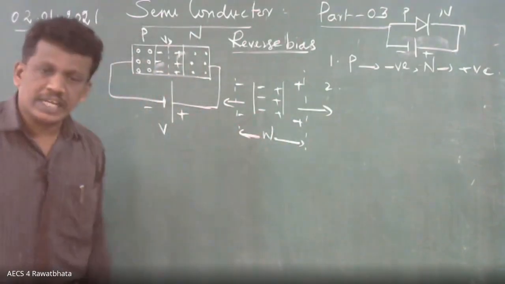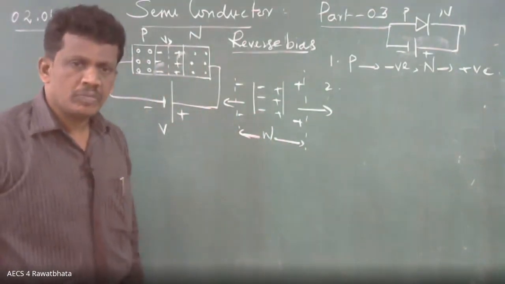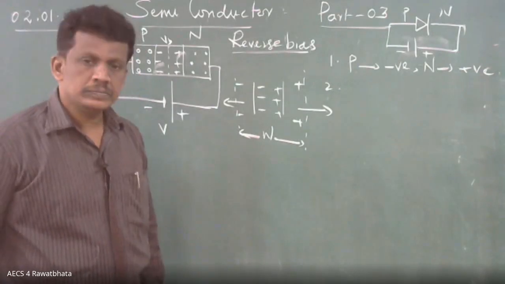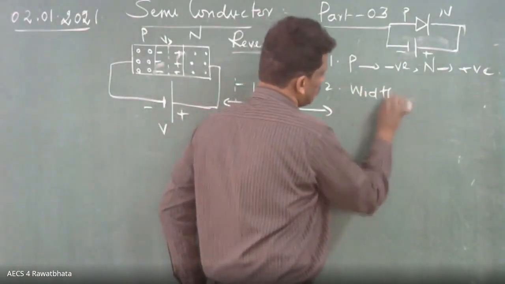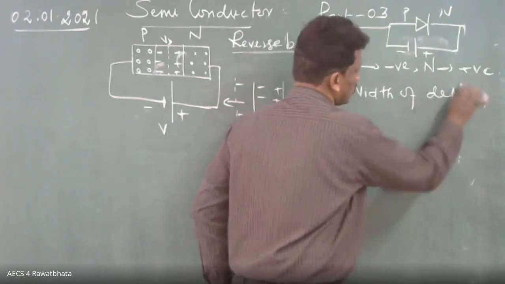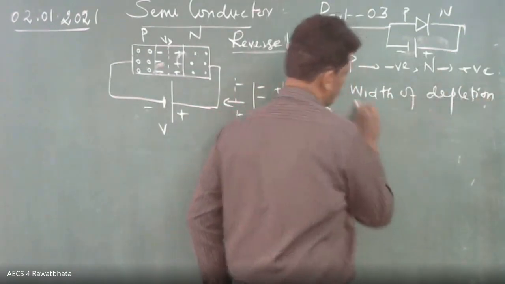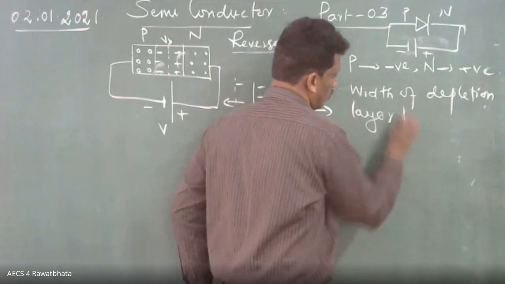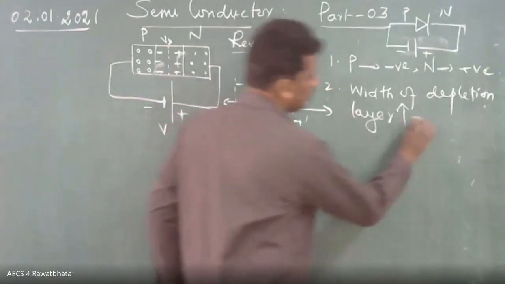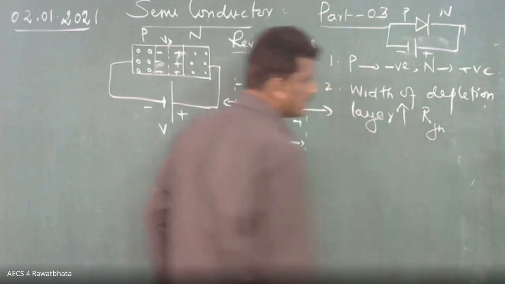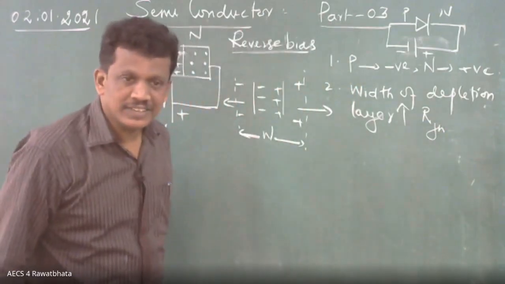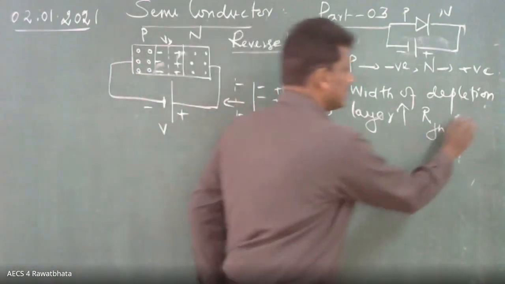Width of the depletion layer increases. Increases. So the resistance at the junction increases.